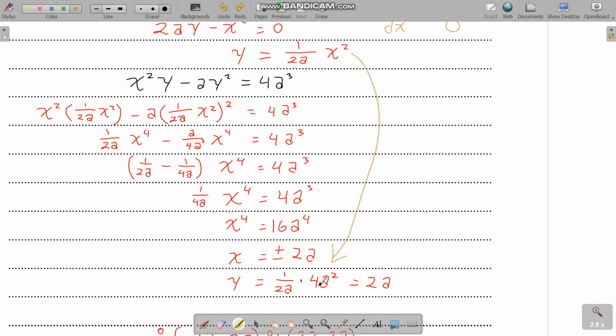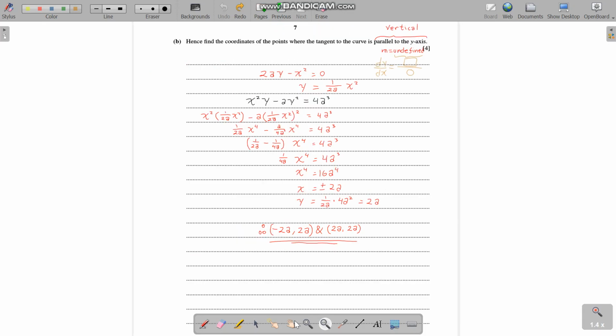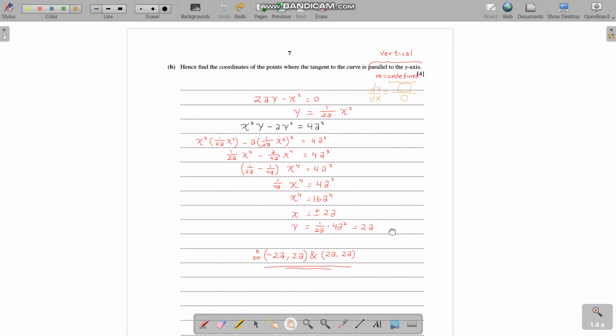So after you simplify, y is just 2a, whatever the x is, which means we have two possible coordinates, when x is negative or positive 2a, but y is always 2a. So we have two coordinates for the final answer. Okay, I'll see you again next time.